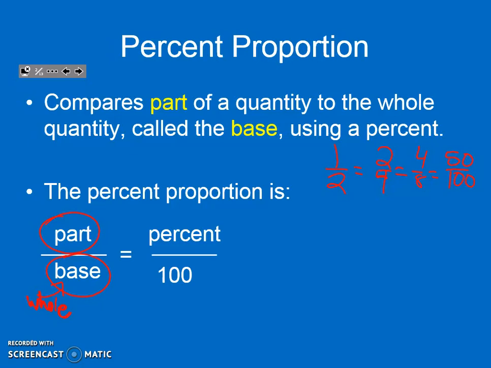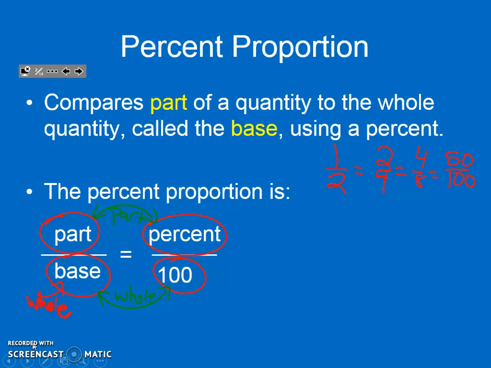Okay, so the actual percent is going to be our part, and our 100 is going to be our whole. So we're comparing part to part, whole to whole. So once again, this is part to part and whole to whole.